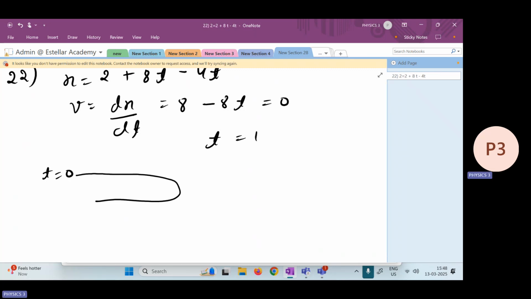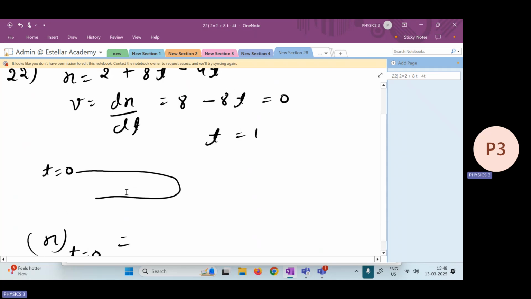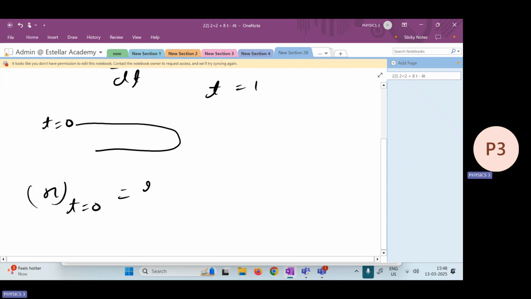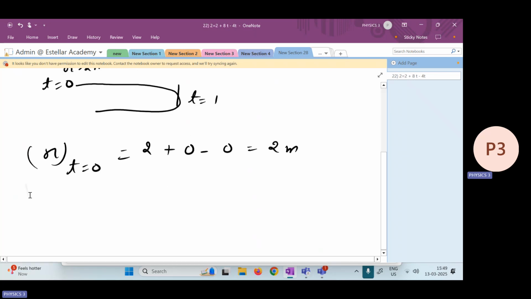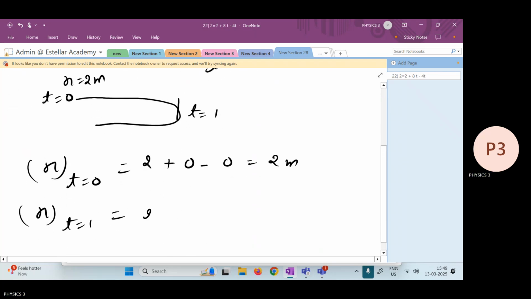So first we will find out its position at t = 0. So x at t = 0 would be 2 + 0 - 0. It means it is 2 meter. So at t = 0, it is at x = 2 meter. Now we will find its position at t = 1. So x at t = 1 would be 2 + 8 - 4, which means it is 6 meter.